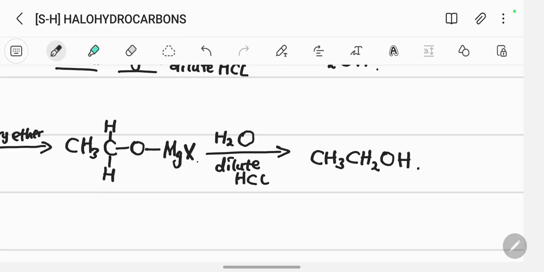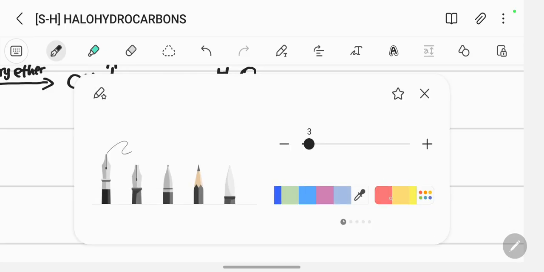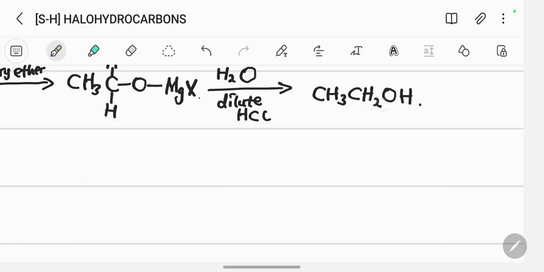So if you want an alkene, you go on to dehydrate. So if you want an alkene, you may go on to add in conc.